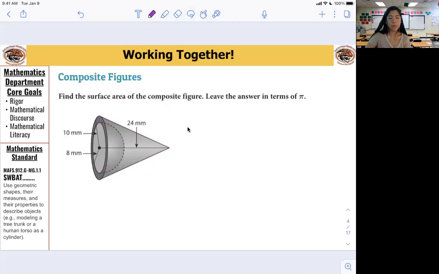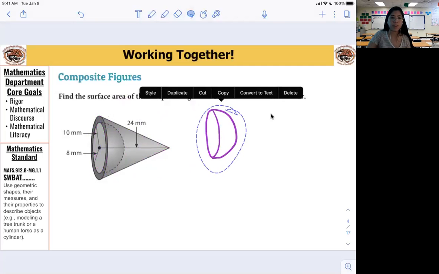So what do we have? Let's break it down. What is this made up of? A cone and a sphere. Hemisphere, good. So here's my hemisphere. Is there any part of this hemisphere that I'm not going to count?